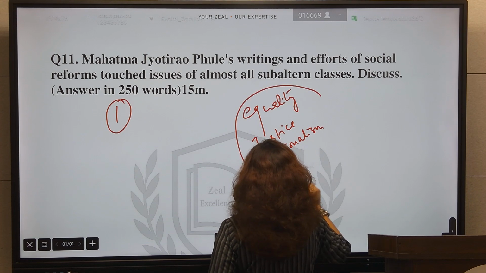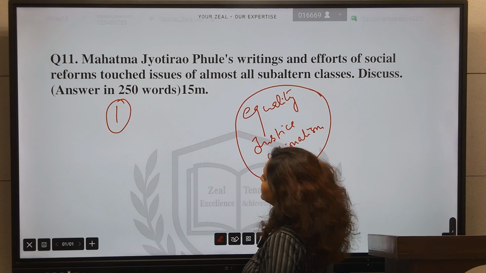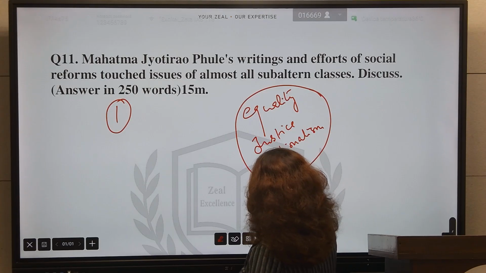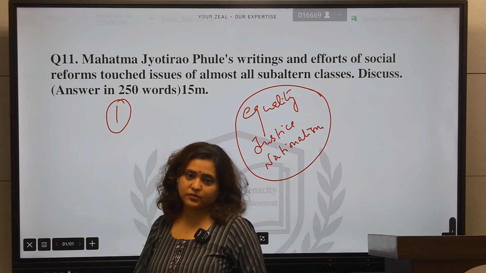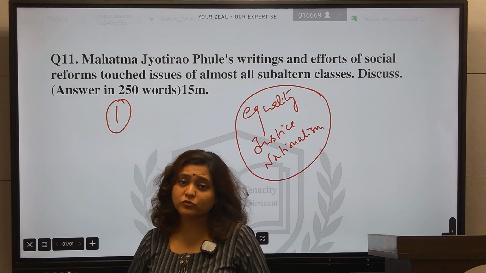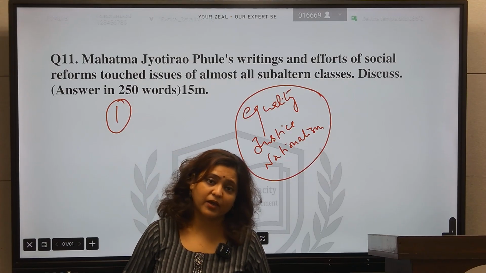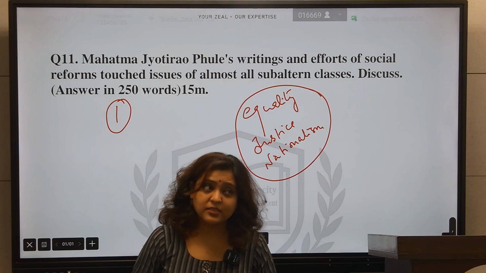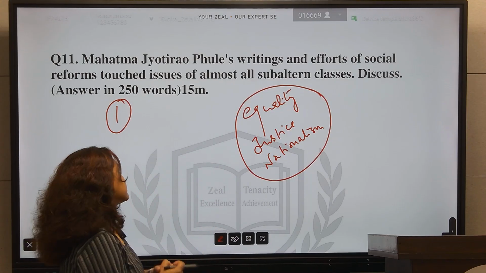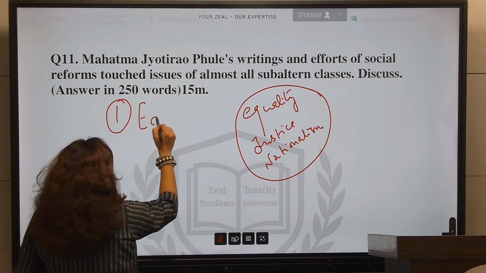This was the ideology that he followed all the time, and he also believed that illiteracy is one of the most important reasons behind the degradation of human beings. So that is why he worked relentlessly for education.